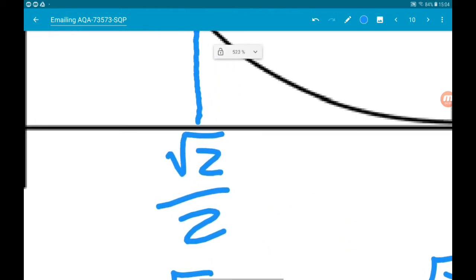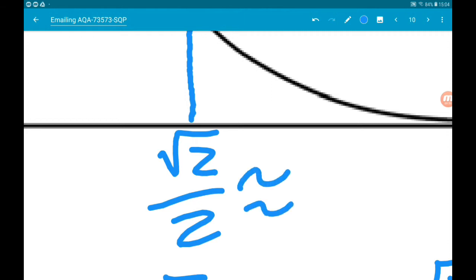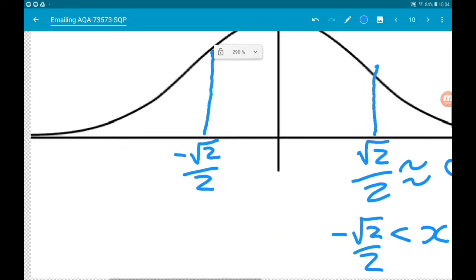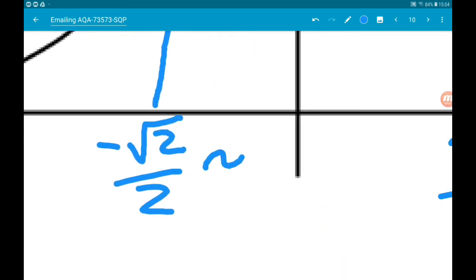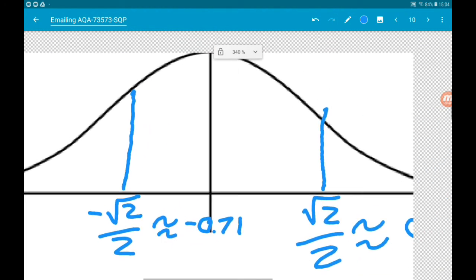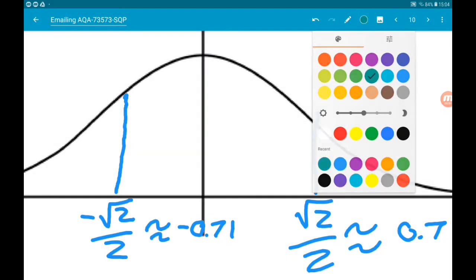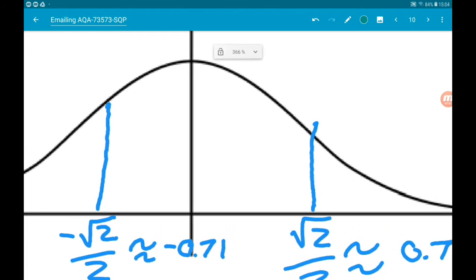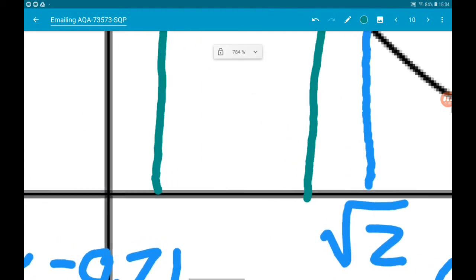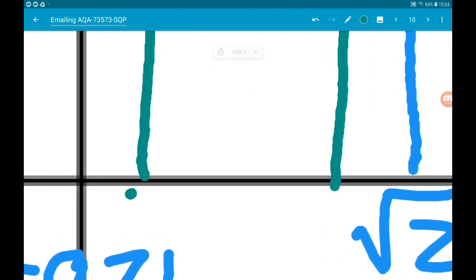Now, these are roughly 0.71 and minus 0.71. So the region that we've just played with is completely in an area or region of the curve where the graph is concave.